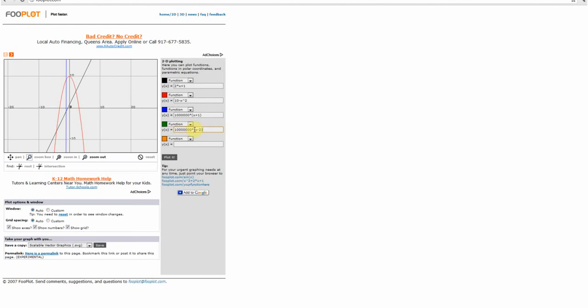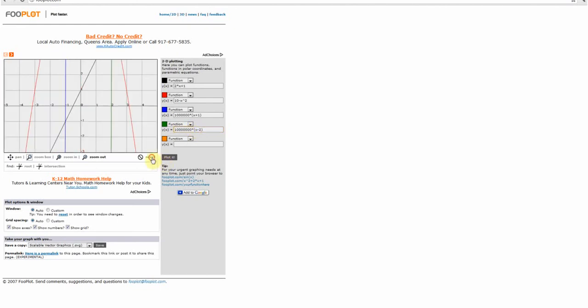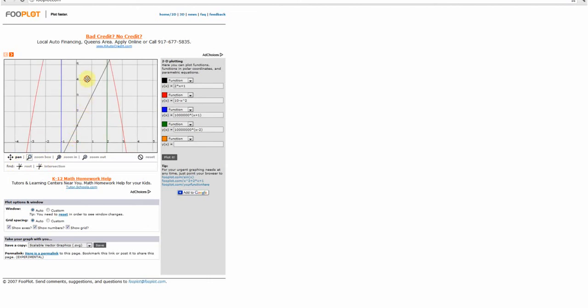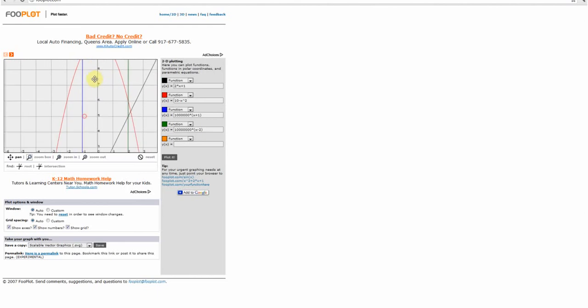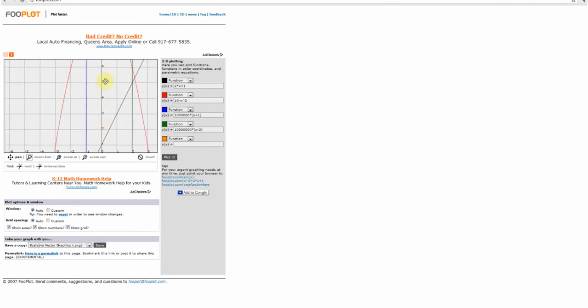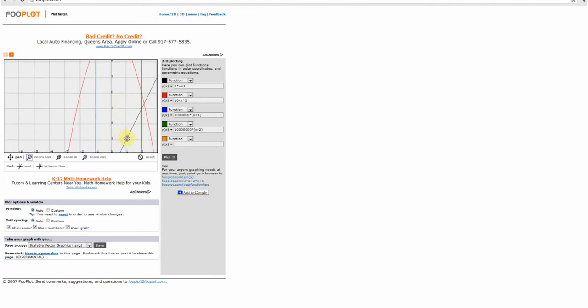So x minus 2. Now let me reset, and I can pan around a little bit here. What I'm looking at now is the region enclosed by the red curve on top and the black line on the bottom, between the blue line and the red line. And so we're just integrating from minus 1 to 2 of the top curve minus the bottom curve.